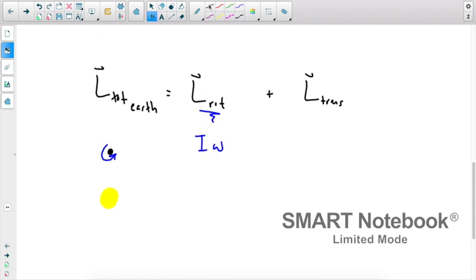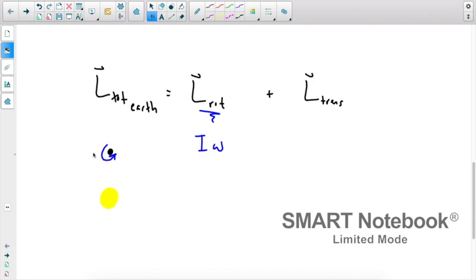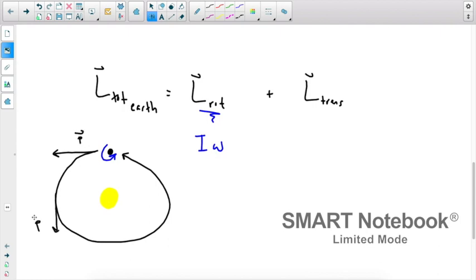And then translationally, I know that the Earth is moving in a big old circle, or an ellipse rather, around the sun, and that at every given point in time it has a linear momentum that is tangent to that path, because it has a velocity tangent to that path instantaneously.